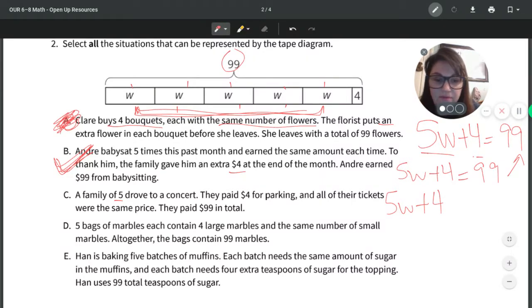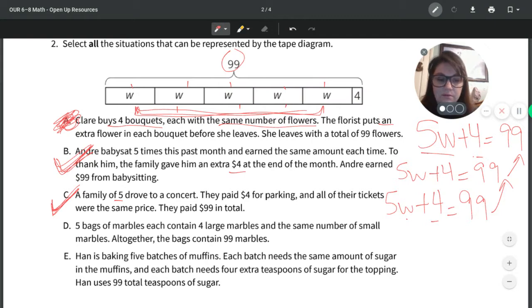So it's going to be 5 times that same price plus the $4 for parking. And the total they paid in all was $99. Again, you'll see this equation matches exactly the 2 that we just did. So C is a situation that could be represented by that tape diagram.